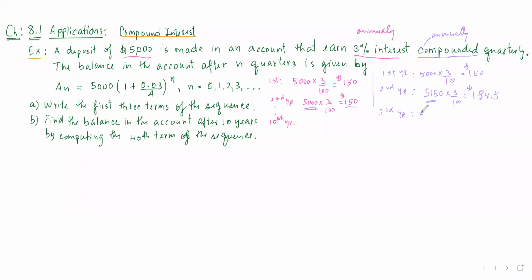Okay, we get the principal 5,000 plus the interest 150, and plus 154.5. Or just say we get this amount plus 154.5, times the 3% interest again. So of course this one should get higher, correct? Right? So this one you can add, and then you can see the fourth year is the same thing.